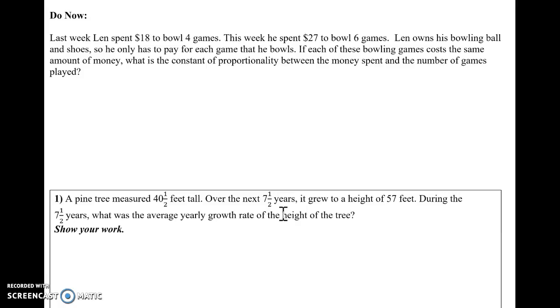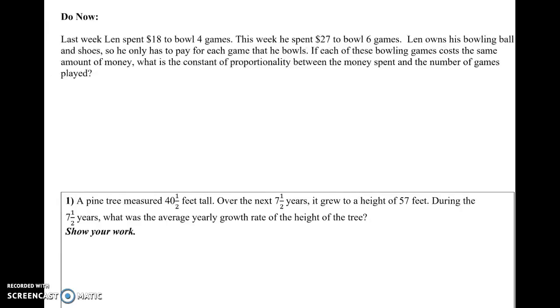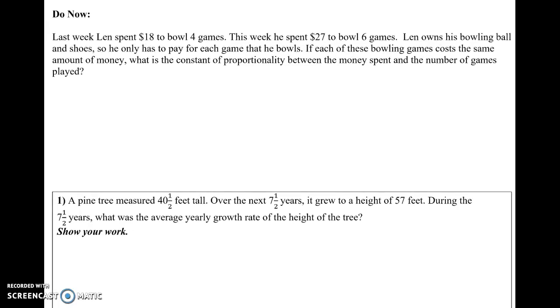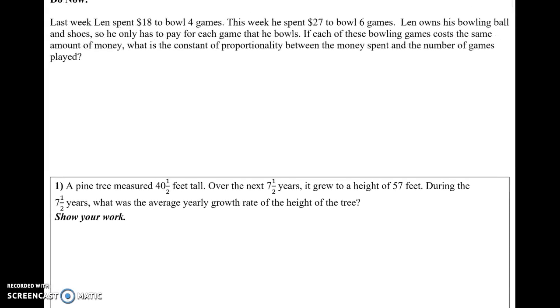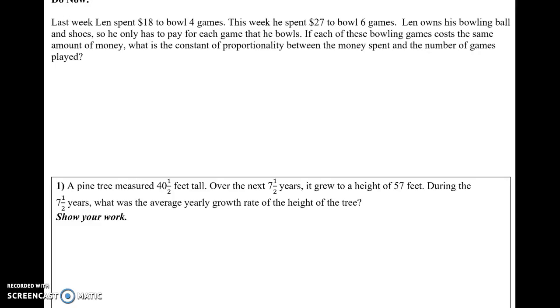Now recall that if you had a table, to find the constant of proportionality, you would need to do y over x. If you had a graph, you could find the constant of proportionality by picking an easy point and finding, once again, y over x.